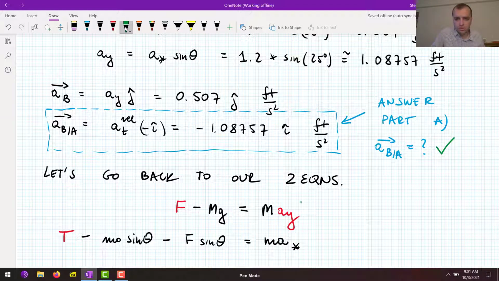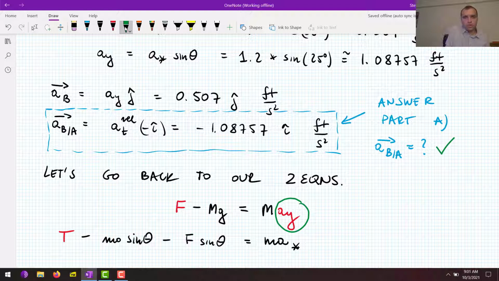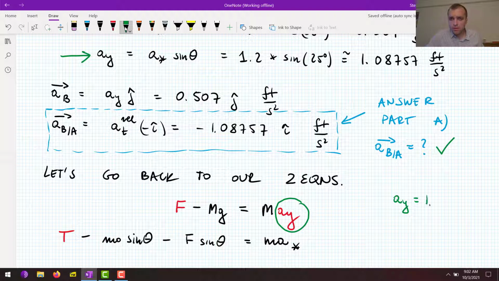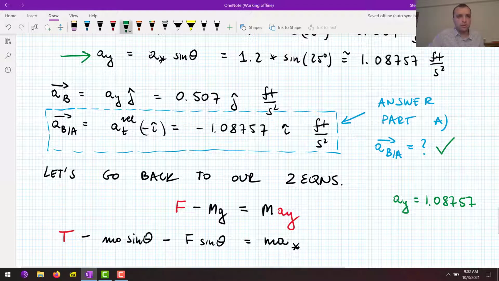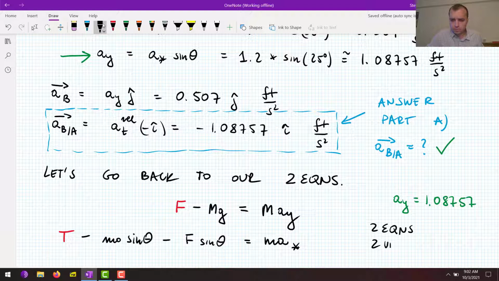One of these unknowns was AY, but we just found AY here. AY is equal to 1.08757. That's why this is no longer unknown. And we ended up with two equations and two unknowns, because the unknowns are right now F and T. And this is solvable.